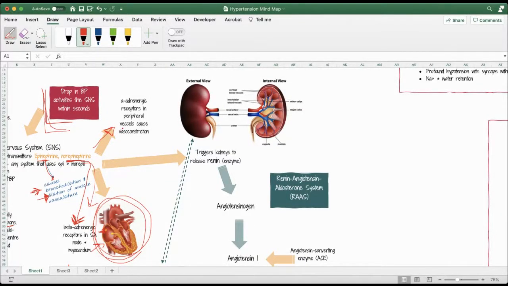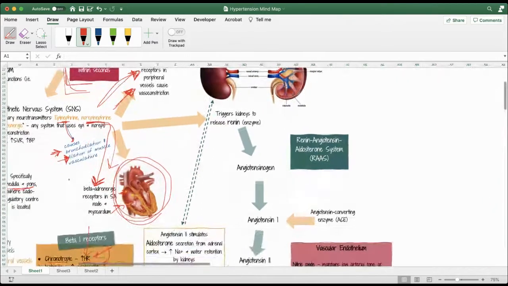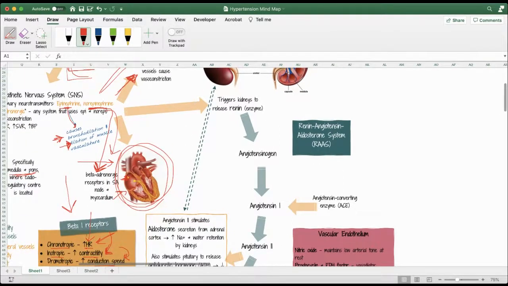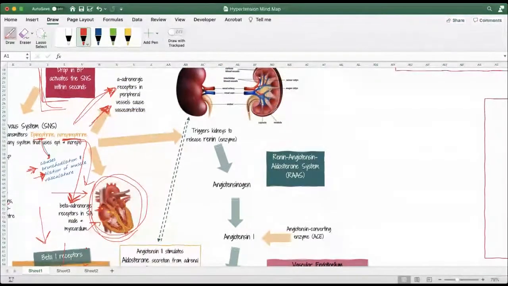And it causes vasoconstriction in those muscles. So alpha 1 is vasoconstriction in the peripheral vessels, and beta 1 and 2 is all about the heart. Betas 1 and 2 are receptors on the heart, and they're all about changing the heart rate, contractility, and so on.